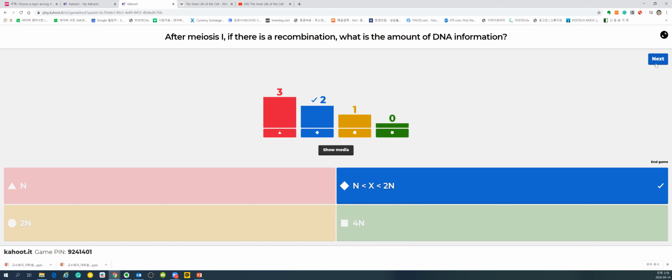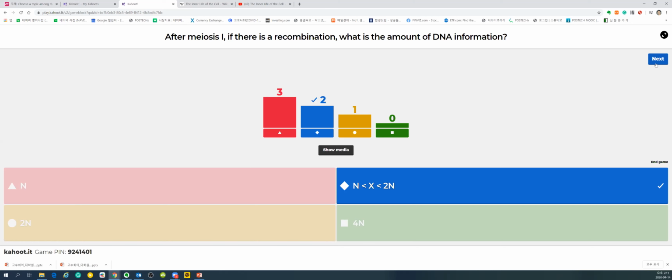But if that exchange is happening with the other pair, then partial information of that chromosome is exchanged. That's recombination. Then the result is the two copies of DNA are not the same. If it is exactly the same, then that information should be N. But partially it's exchanged. Then one chromosome is original. The other one has some partially different information.